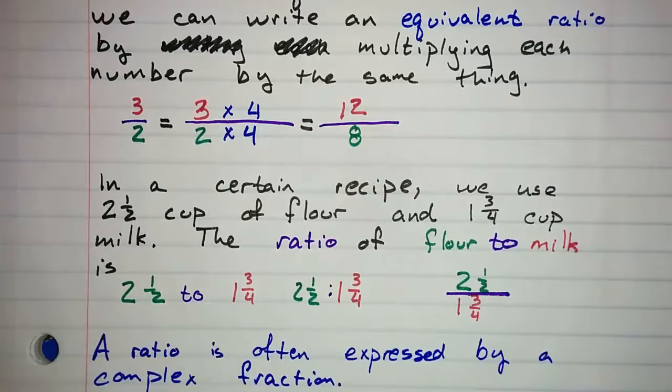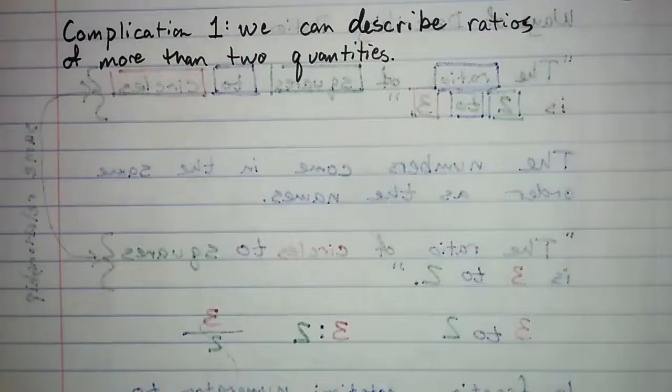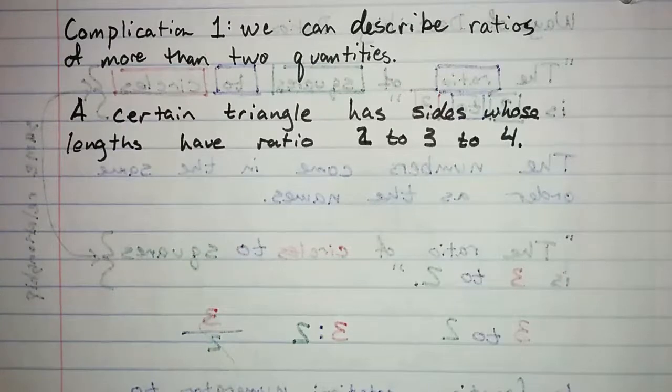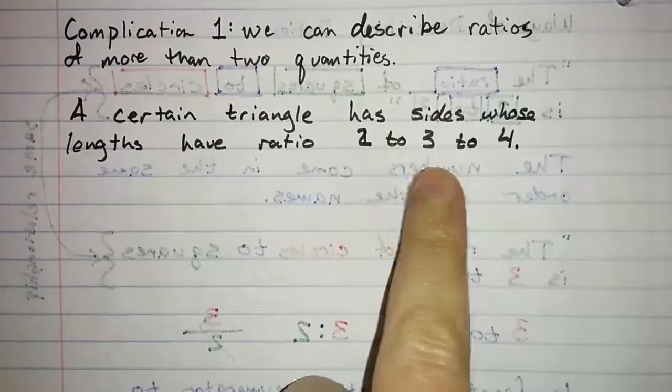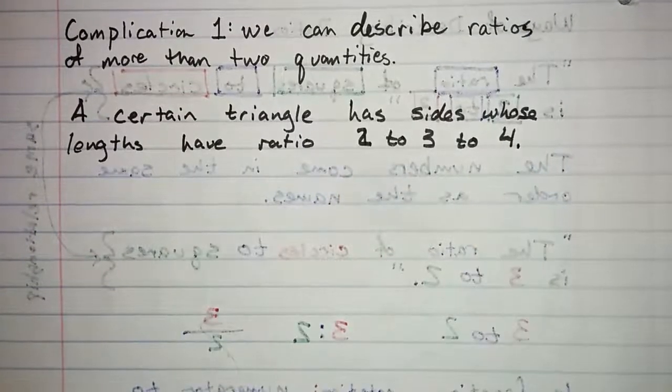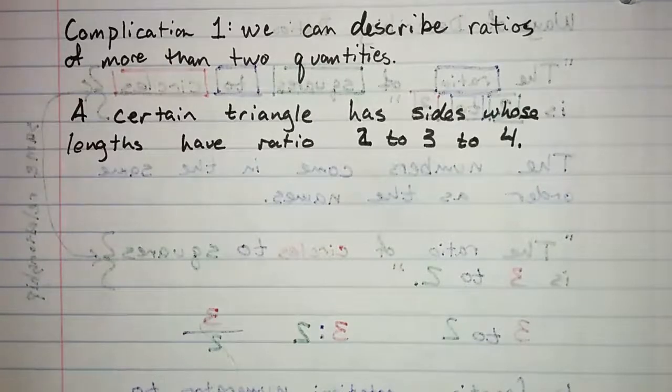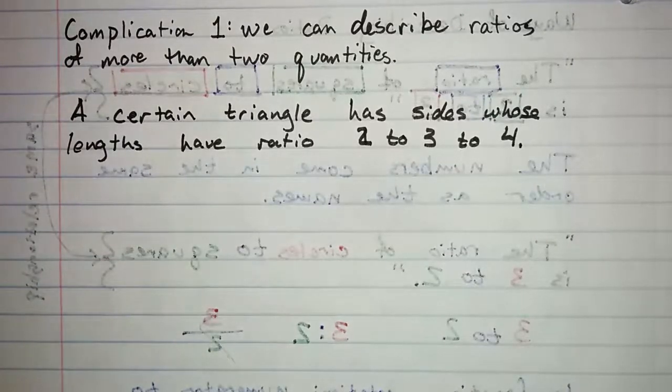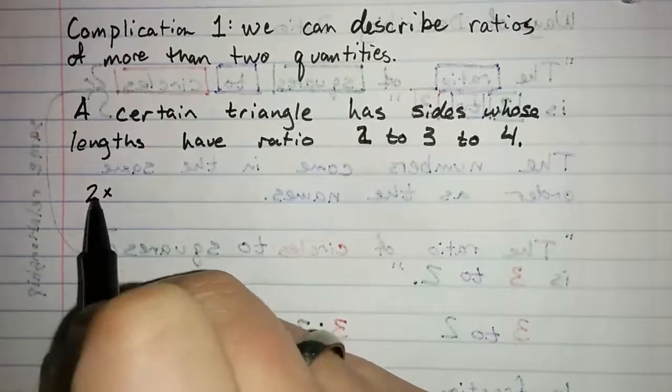Now there are a couple of complications in describing ratios. The first complication is that we can describe ratios of more than 2 quantities. So for example, I could say we have a certain triangle where the sides have lengths in a ratio of 2 to 3 to 4. What does that mean? Well, it means the first side's length is 2 times something.